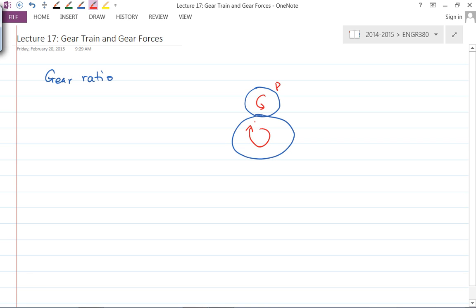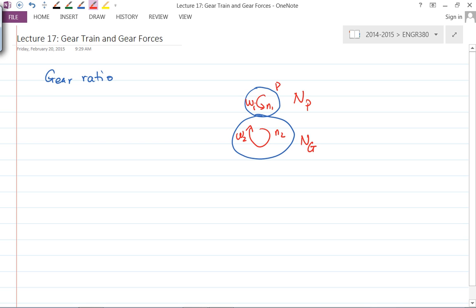You have NP number of teeth here and NG number of teeth over here. Let's say these rotate at n1 and n2, or you can also say omega 2 and omega 1, the angular velocities.